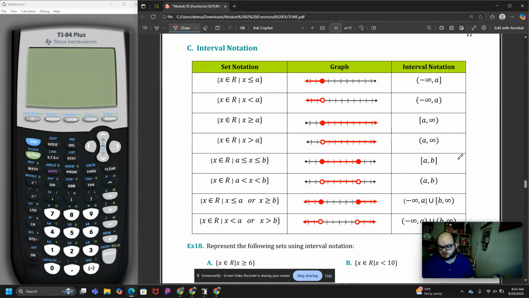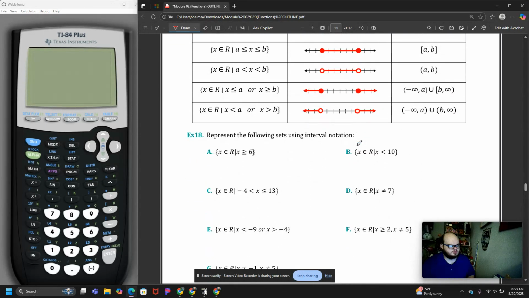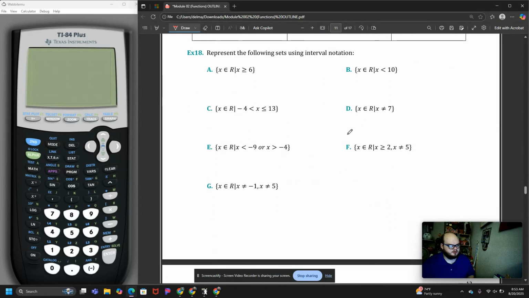So here's your interval notation. We're going to represent the following sets using interval notation. So this says x is an element of R, given that x is greater than or equal to 6.